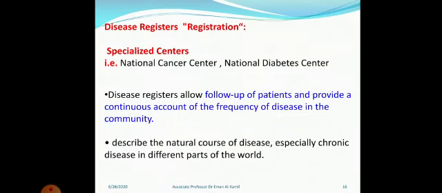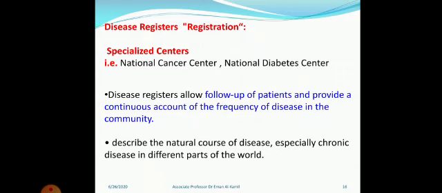The disease registers or registration. There are specialized centers for the provision of health services for special diseases. For example, in Jordan we have the National Cancer Center, Al Hussein Cancer Center, and the National Diabetes Center, and they provide healthcare services for people with cancer and diabetes.